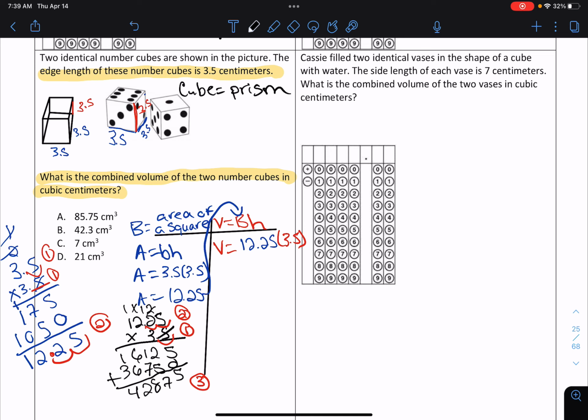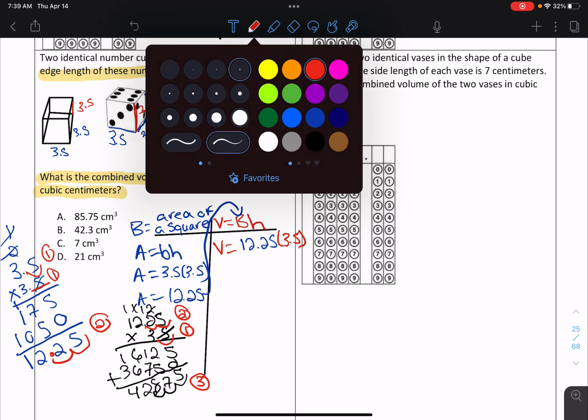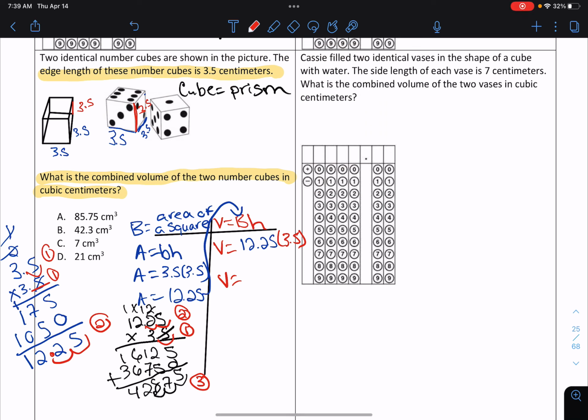Okay, so here you should have got 42.875. If you heard my calculator, it's because I was making sure that I did it right, because I was looking at the answer choices. So 42.875. Excuse the bell.